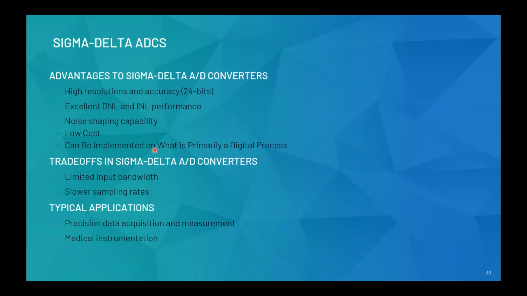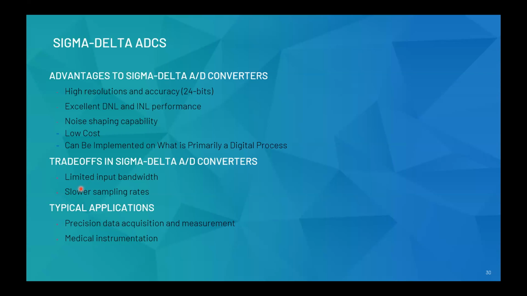This really puts a limit on the input bandwidth, because of which we are able to do only slower sampling rates with this type of architecture. Although with some new advances in technology, we are able to hit 1 MSPS or 1.5 MSPS in sigma delta converters, which I'll talk about in a later section.